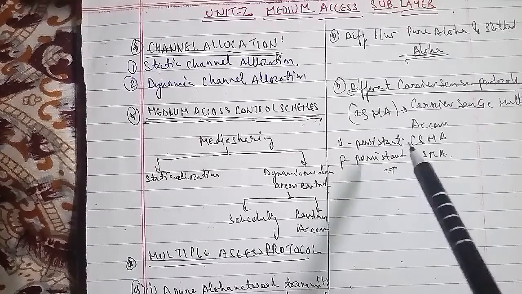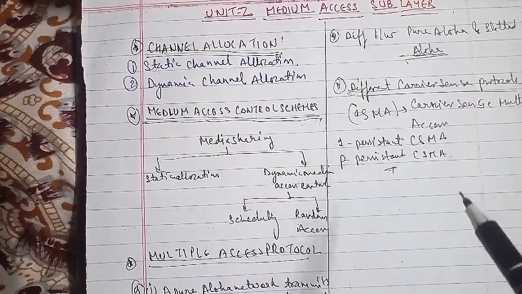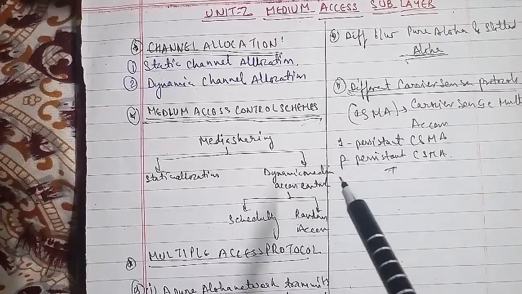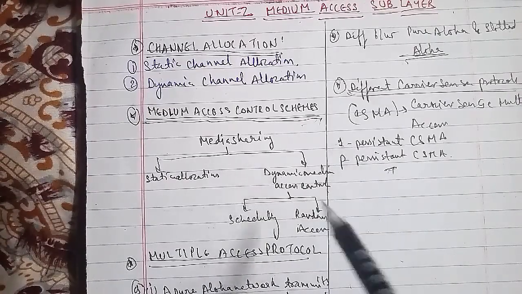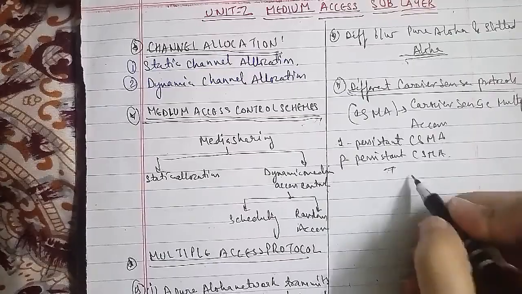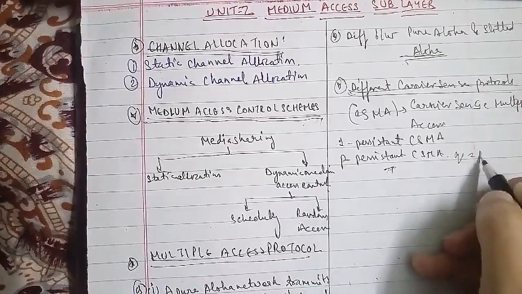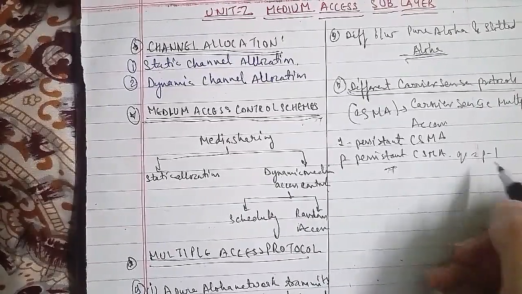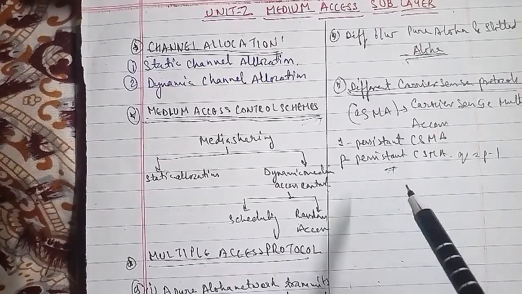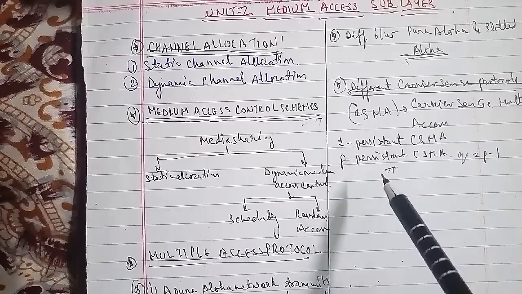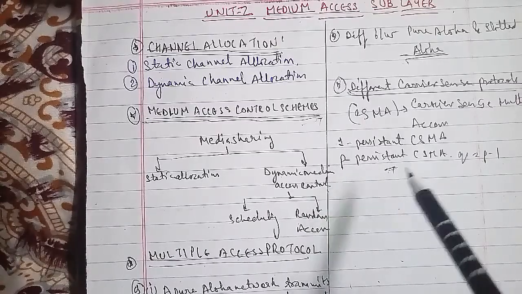Carrier sense multiple access with collision detection, that is CSMA/CD, uses this approach. The CSMA/CD station waits a random period of time and then tries again, assuming that no other station has started transmitting in the meantime. The frame transmission time must be at least 2 times the maximum propagation time.